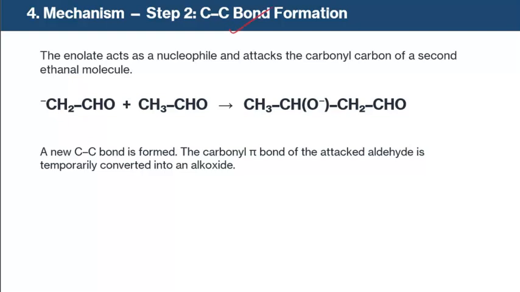The enolate, the first step product, acts as a nucleophile. What is a nucleophile? That is a nucleus loving species. What is the charge of the nucleus? The nucleus contains positive charge, so a nucleophile must contain a negative charge and attacks the carbonyl carbon of a second ethanol molecule.